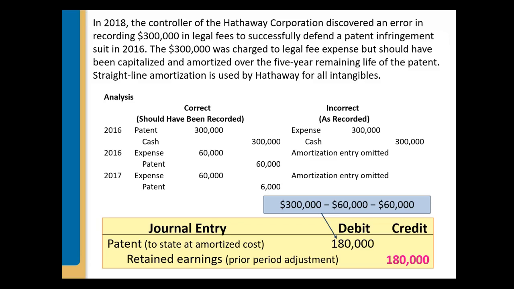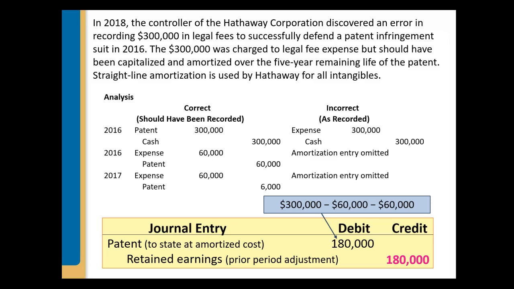That prior period adjustment, though, would be for the pre-2017 difference, which is the $300,000 minus the $60,000 to equal $240,000.